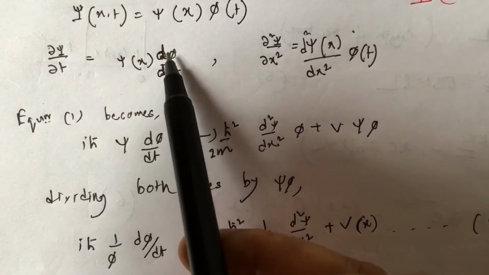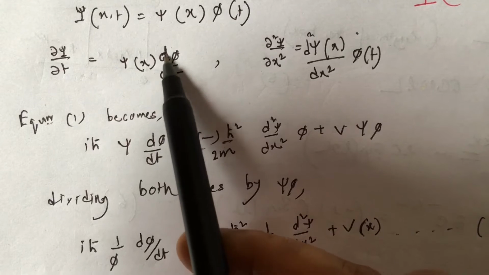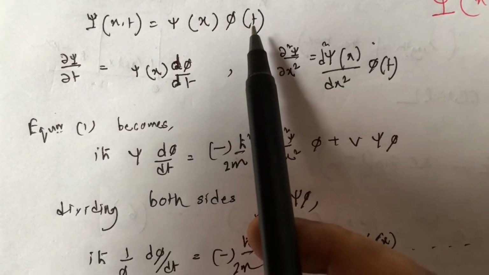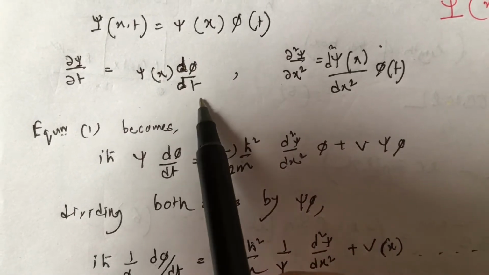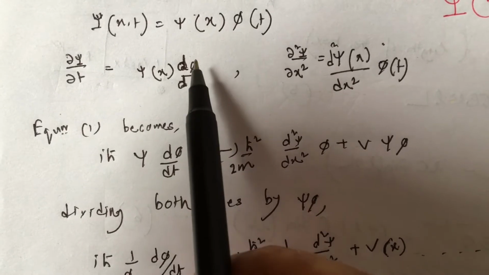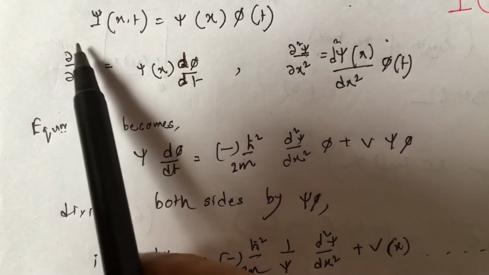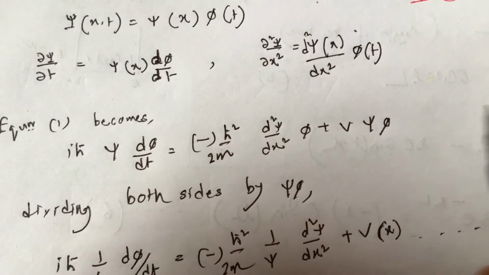And why am I writing d/dt of phi here? Because d/dt means I am taking the time derivative, and phi is dependent explicitly on time only, so I can write it as d/dt. Otherwise, if the wave function is dependent on more than one variable, we need to write it as a partial derivative. That is the philosophy of taking partial derivatives.